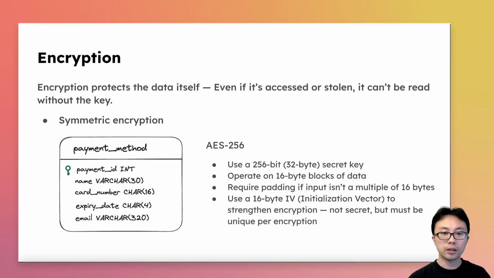If the input data is not a multiple of 16 bytes, one block will require some padding so that you always have a set of 16-byte blocks. Beyond that, AES uses a 16-byte initialization vector to strengthen encryption. Although the initialization vector is not a secret, it has to be unique per encryption.